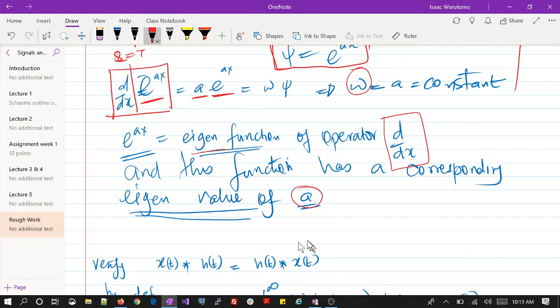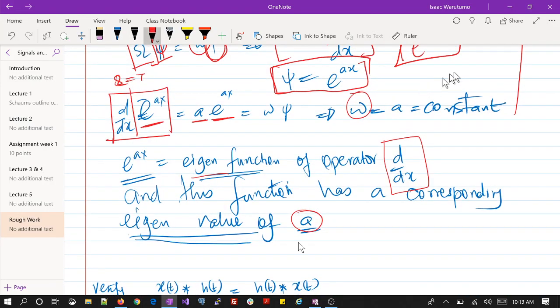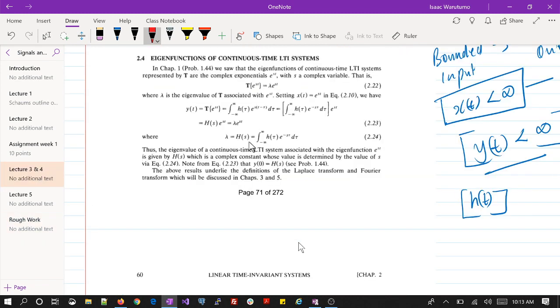We are going to see shortly that we can do the same in our equation. So that was meant to serve as an introduction to eigenvalues and eigenfunctions.